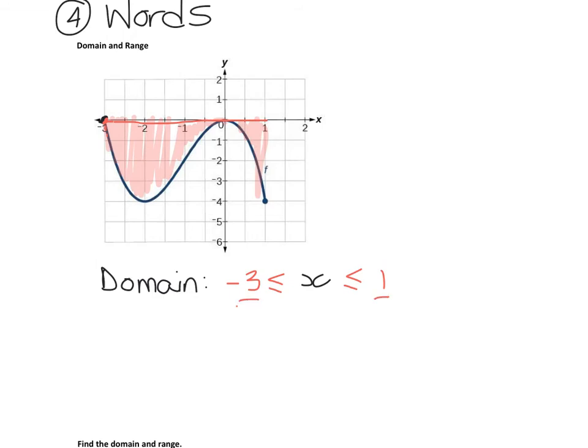All right, let's repeat this process for the range. I'm going to erase. But we're going to compress it horizontally now over to that vertical axis. So wherever you see a y value, just map it back to the y-axis. All right, so something like this.